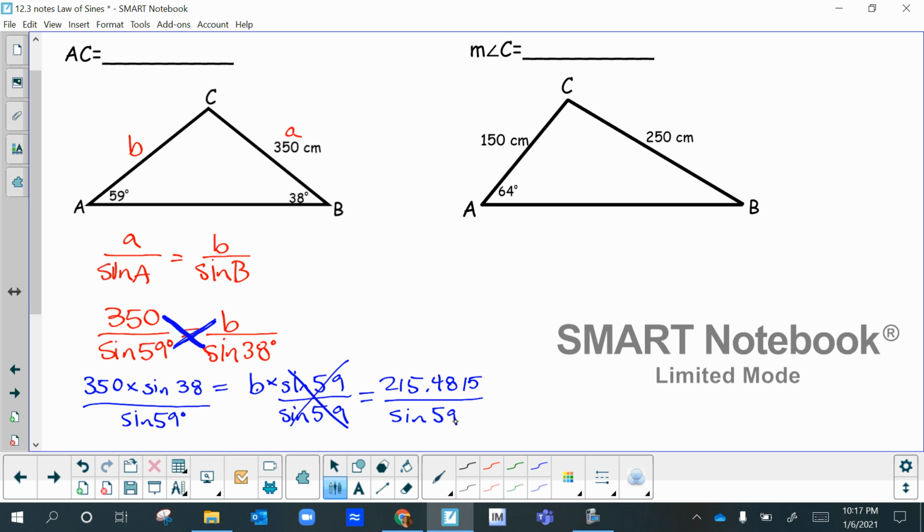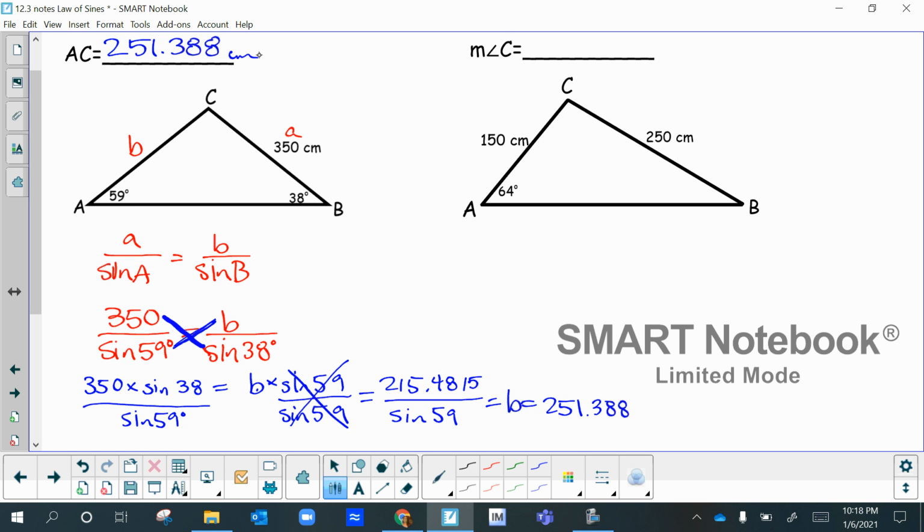So since we have that long number in our calculator, let's hit divided by 59 sine, and then don't forget to hit equals. And so that's b, which is equal to 251.388. So AC, which is little b, is 251.388. And this is centimeters that we're using.